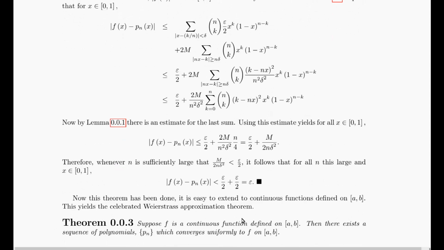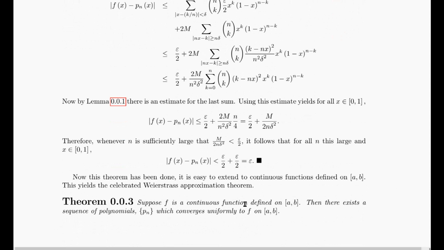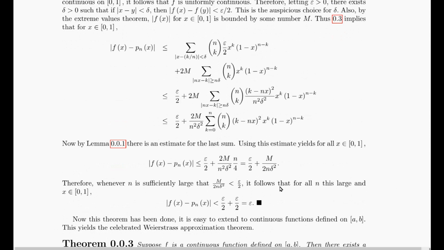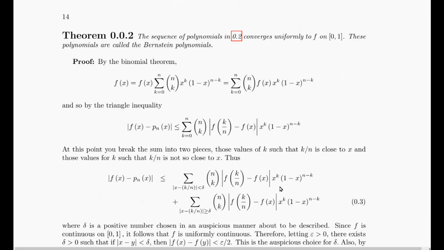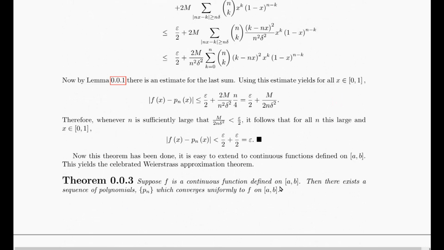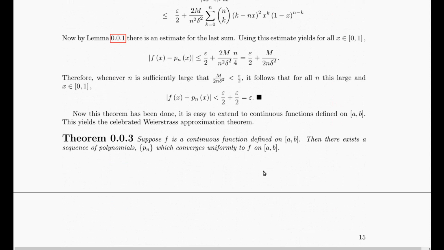Okay, that is the Weierstrass approximation theorem for the unit closed interval. But once you have that, it's easy to get the general theorem. First of all, let me point out what this says in a little different form.